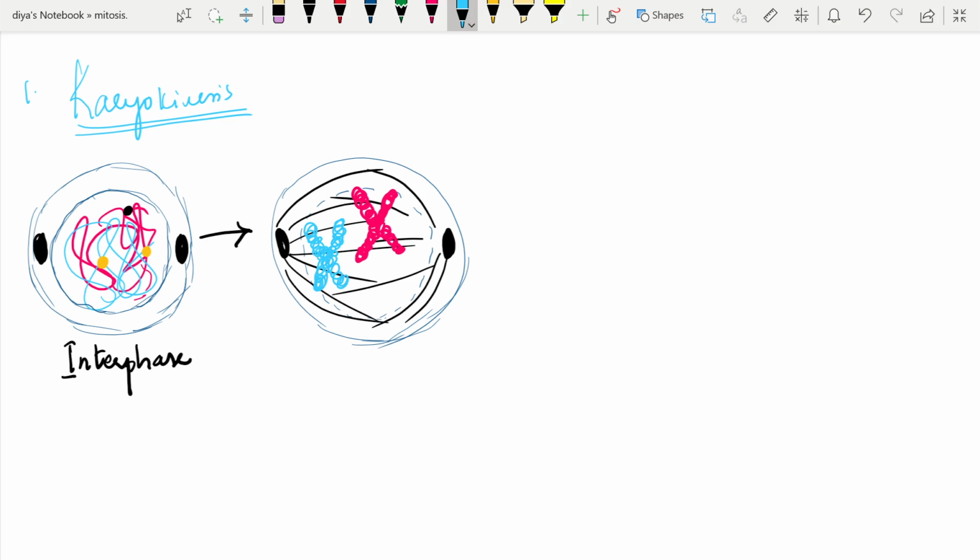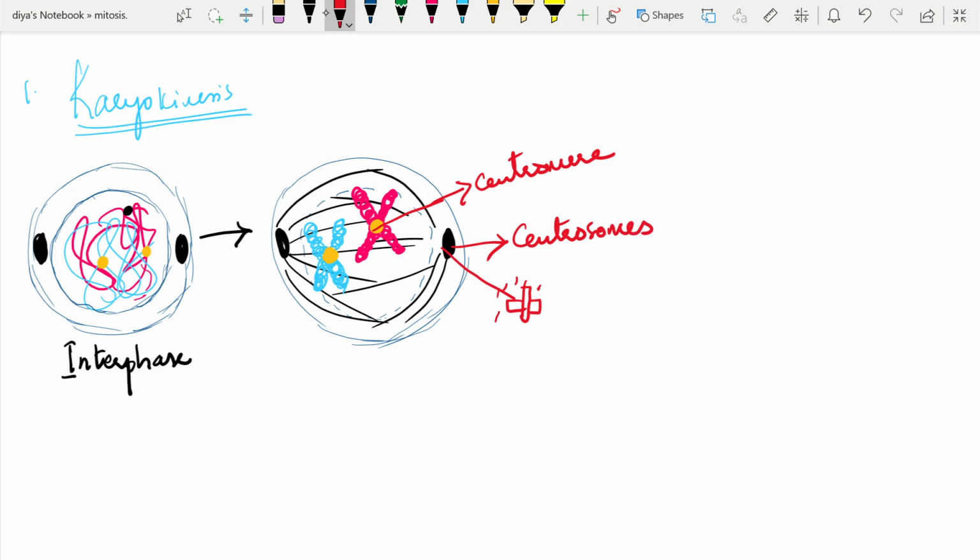Here is the centromere. This structure is known as the centromere. These structures are known as the centrosomes, and within the centrosomes we have two cylindrical structures called centrioles.